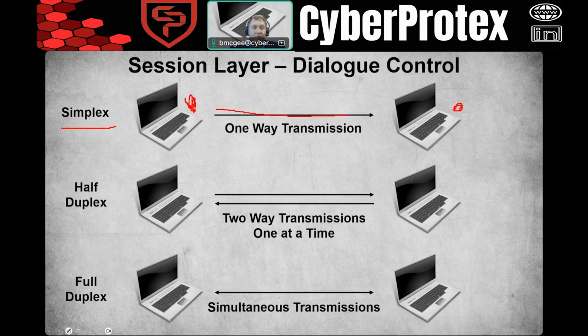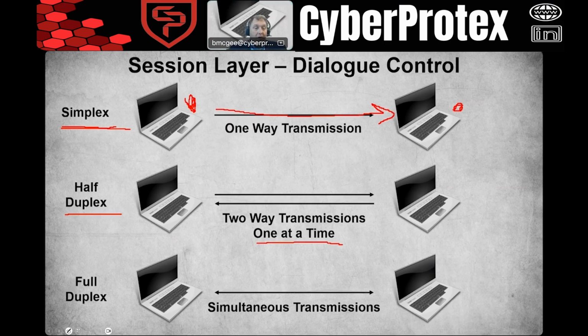So it only goes this way. It could use half duplex, where it is able to send two transmissions one at a time. That's the distinction here. Half duplex, one at a time.